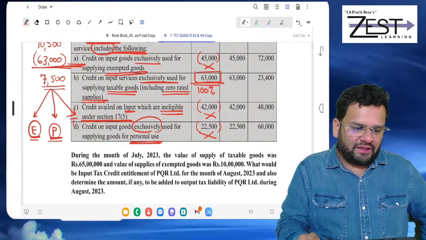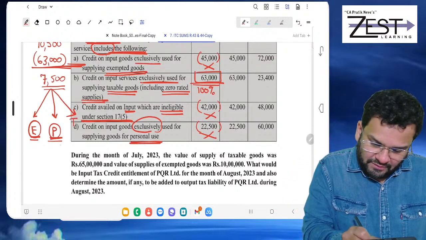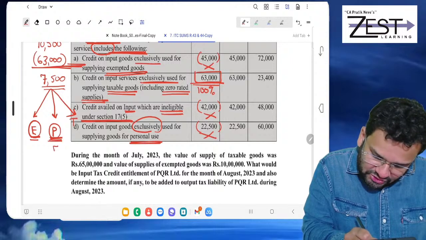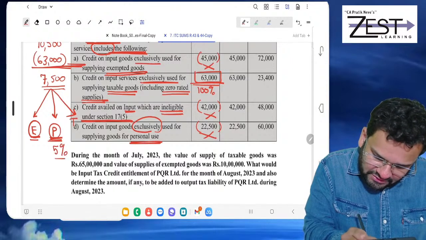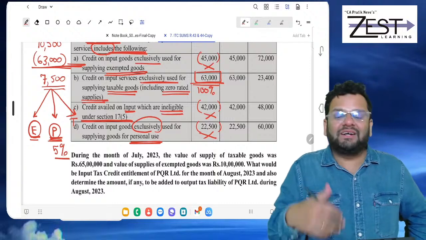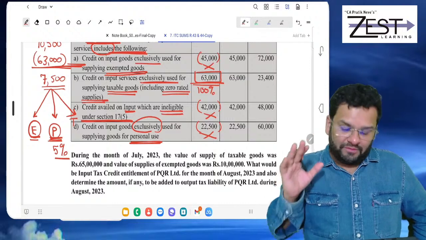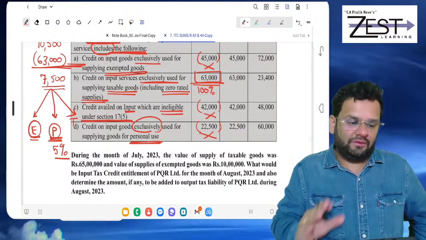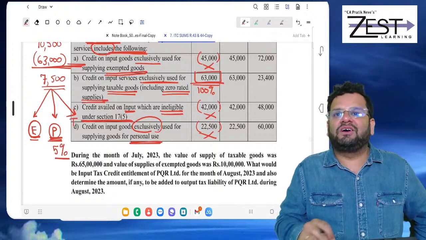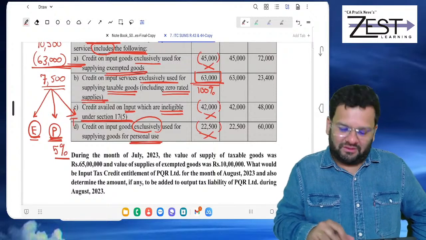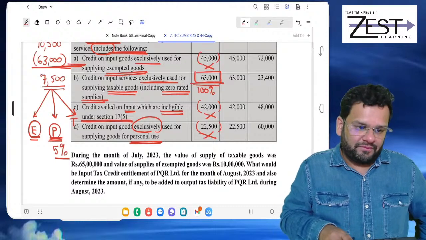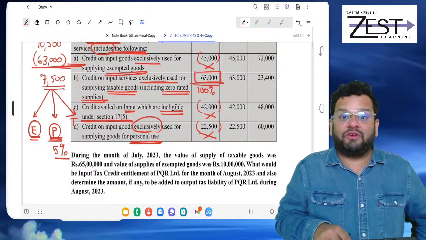So what if I tell you that for personal use it is always 5% of common credit that is disallowed? It is given in the rule. So the government has done some scientific calculations, and they have come up with 5%.